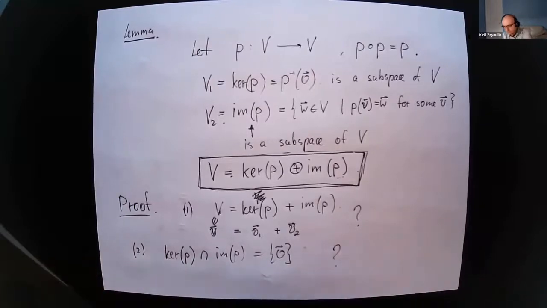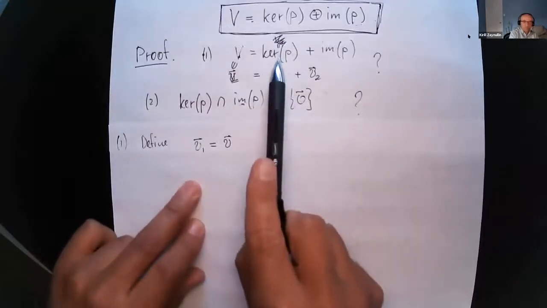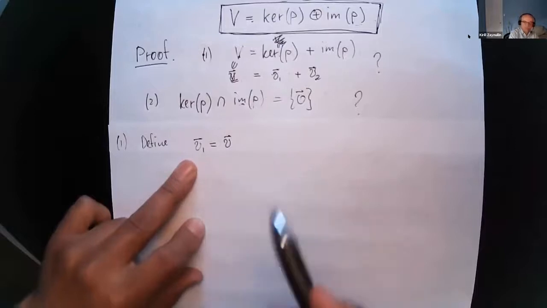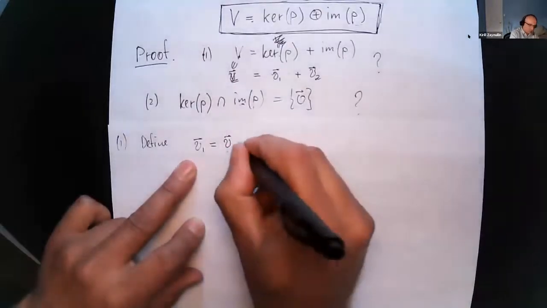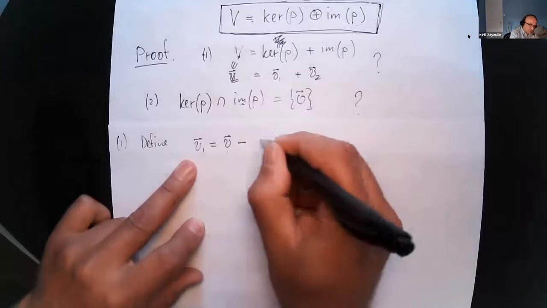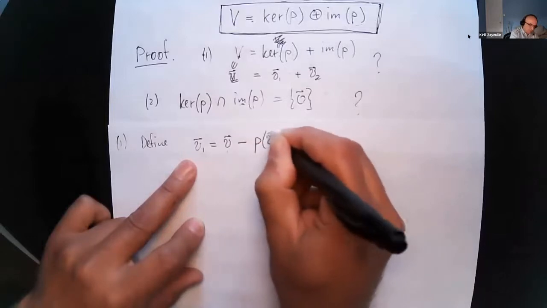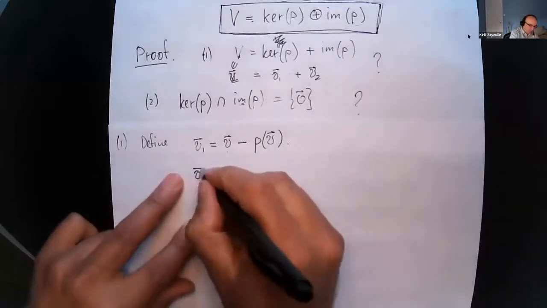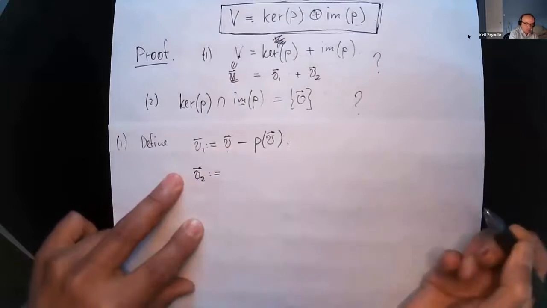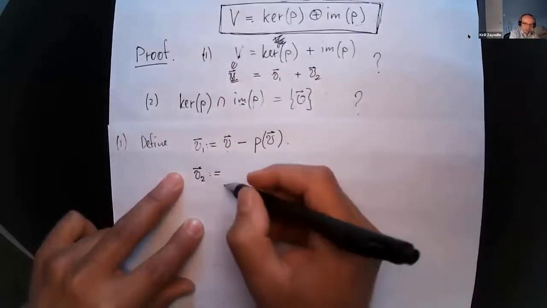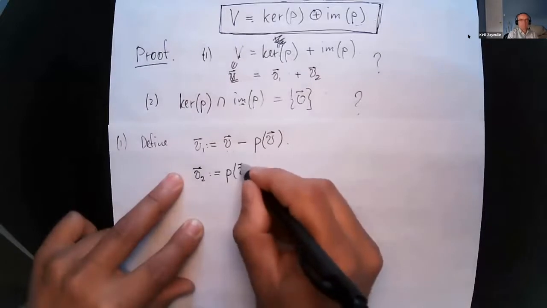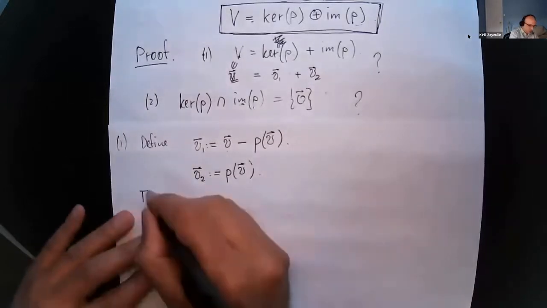Now I'm going to justify the first one. So I just define V1 to be this expression. It's a small trick. We take V minus, well, we just apply P to this vector V. And define V2 to be just P of V. Then what do we see?